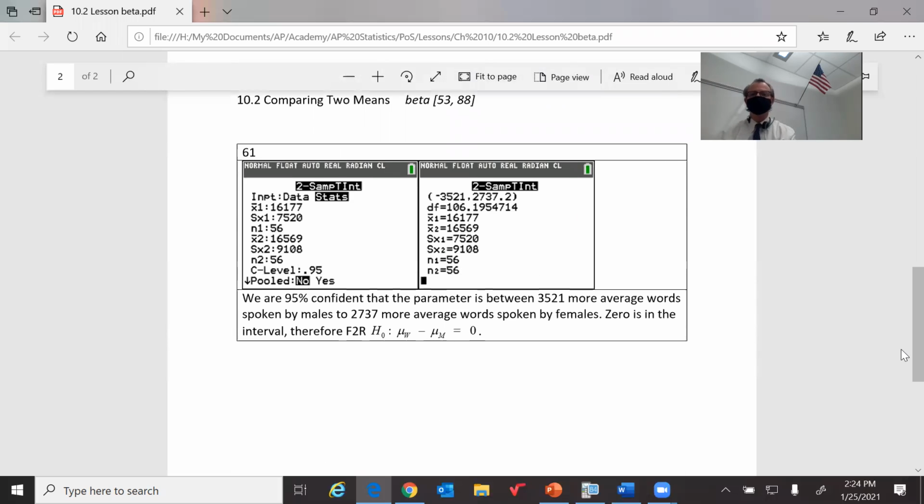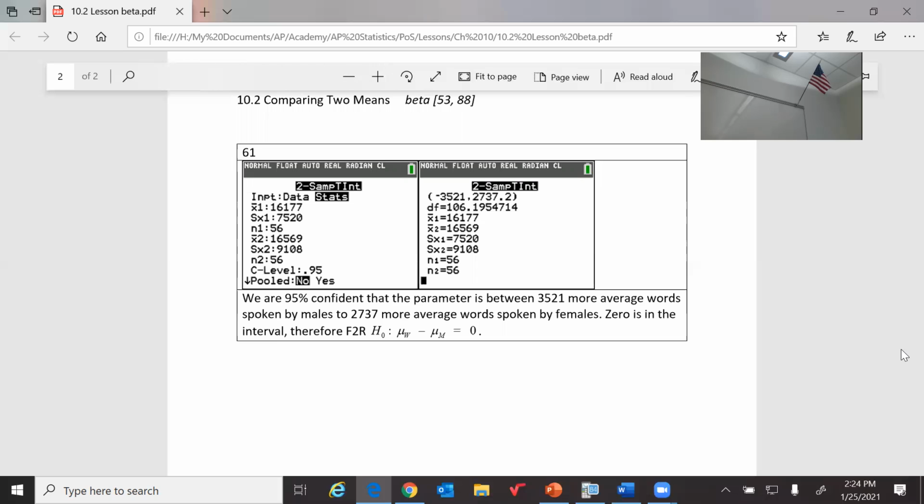And our interval is here, negative 3,500 to 2,700. It includes 0. See, we're looking: did it go from negative to positive? We're 95% confident the parameter is between that. Zero's in there, fail to reject.